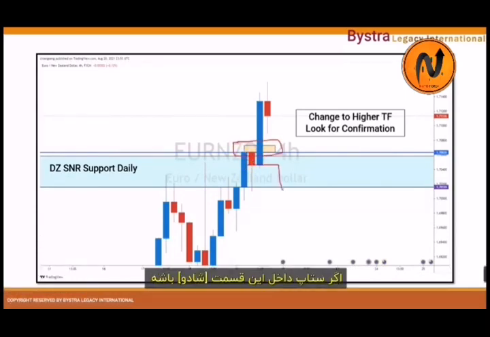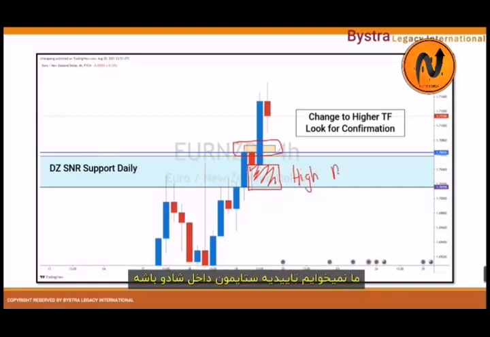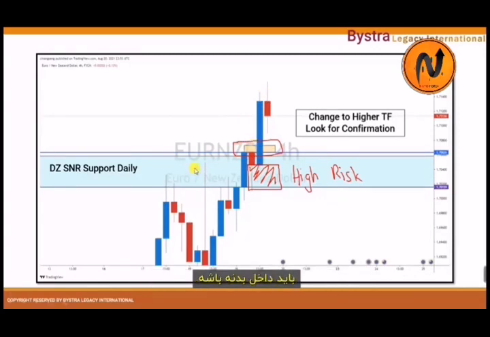If the setup is in the wick, then it is considered high risk. Exactly, guys, always remember this. We do not want the confirmation setup to be at the wick. We want it to be at the body of the confirmation candlestick. I repeat again, it has to be in the body.